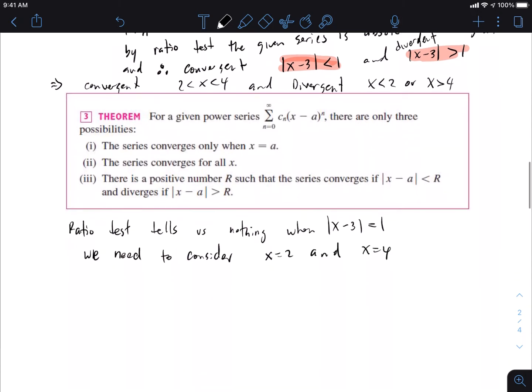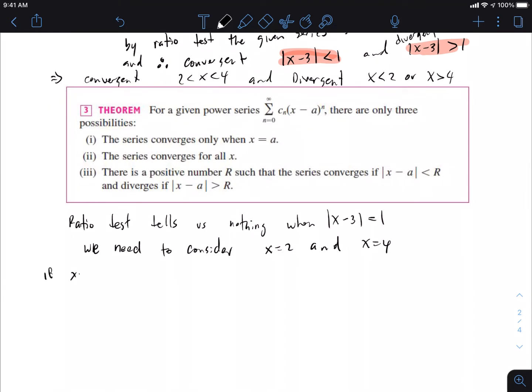So let's do it. If x equals 4, the series becomes the sum of 1 over n, which is divergent, right? And the reason we know that's divergent is p series, right? So that's something that you need to recall.